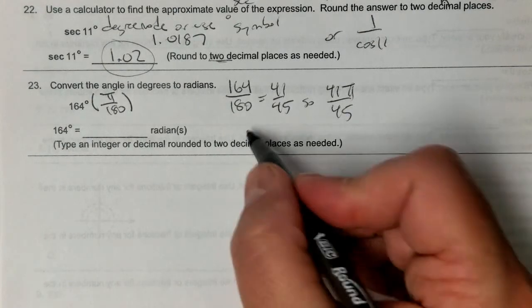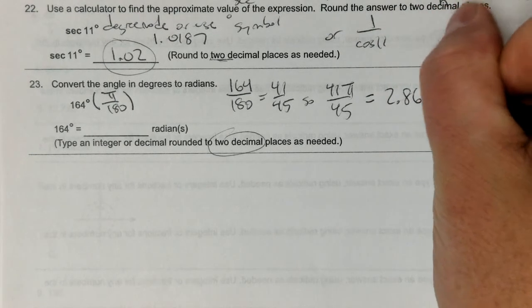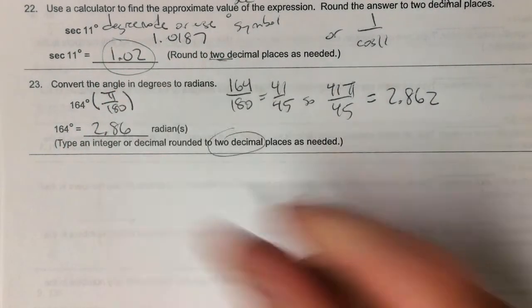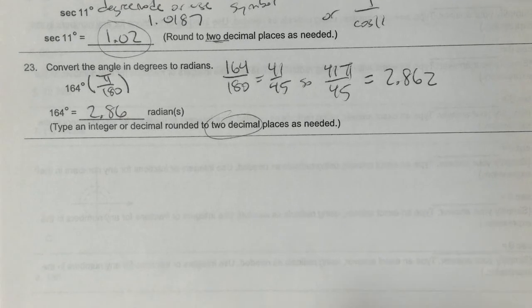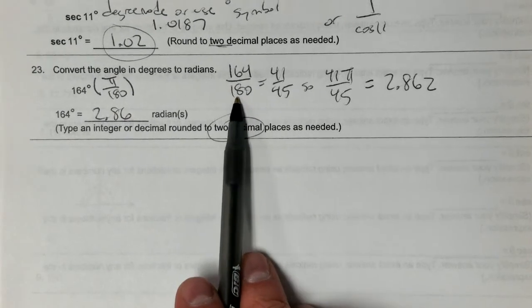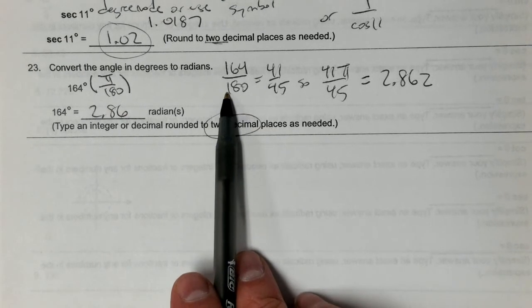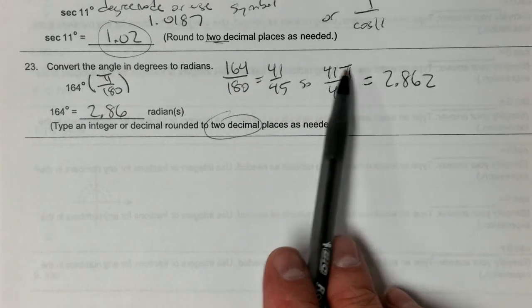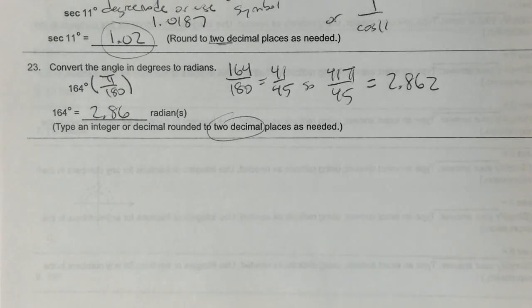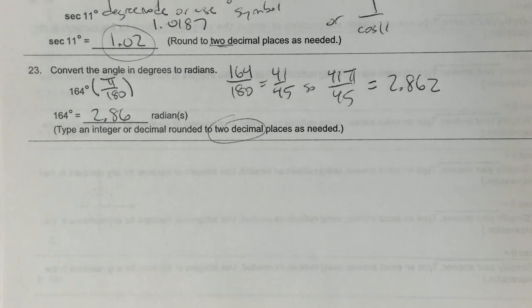But this one wants a decimal, 2 decimal places. 2.862, so 2.86. So what I did to start was reduce my fraction through the calculator. It's basically dividing both by 4 to get 41 over 45. And then you write it with pi and then type that in. Because 164 is not one that would show up on your unit circle.